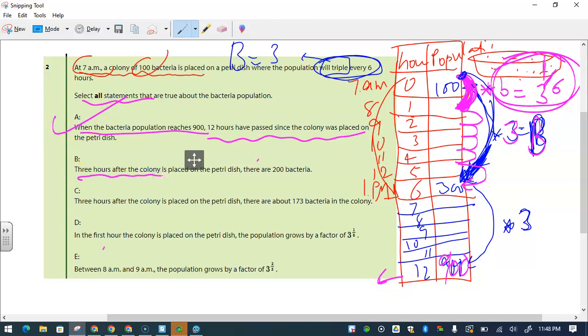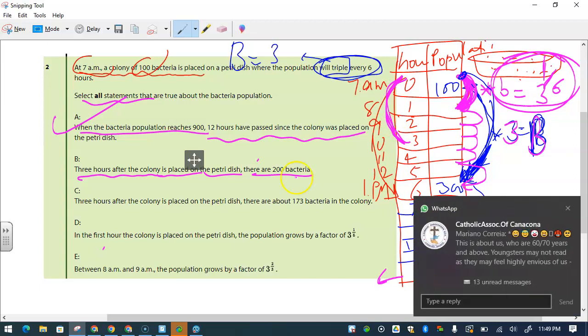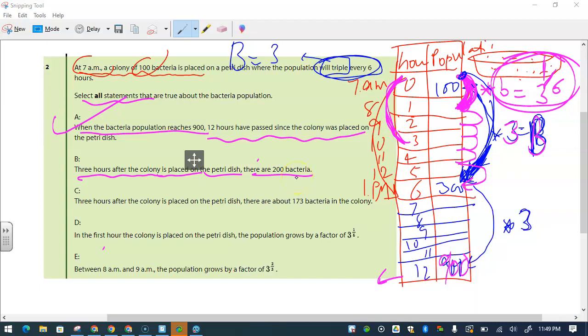3 hours after the colony is placed in the petri dish, there are 200. But you will see, if it is 3, he's saying it's going to be 200. So the right way to check whether this is true: 3 hours basically means in the beginning you had 100, right? So if they're asking you 3 hours, then every hour this is the scale factor, right?